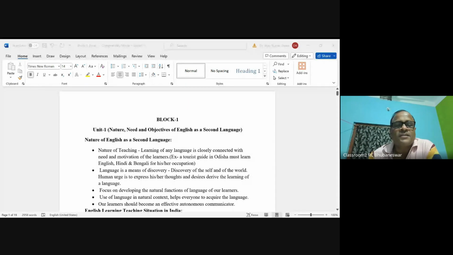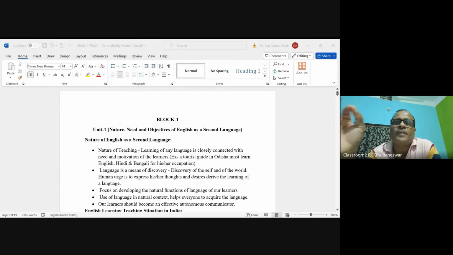So dear learners, you have bitter experience. Unless the child is motivated, if he or she is not ready to learn, if we teach, the total time will be valueless. The time will not have any value because the child is not ready. The child is not interested.